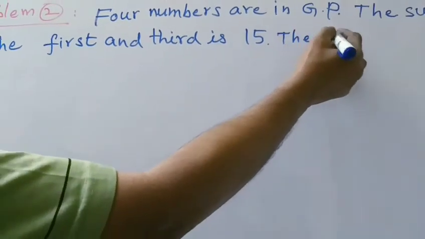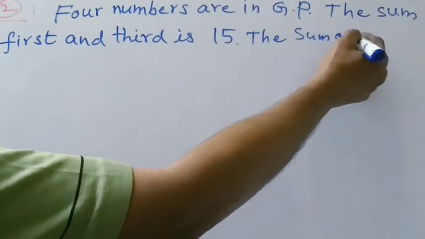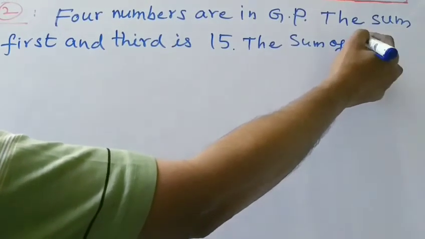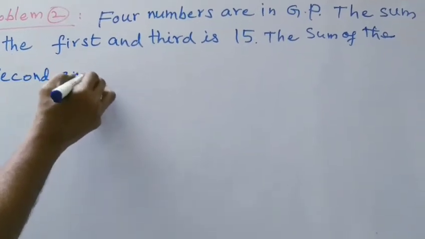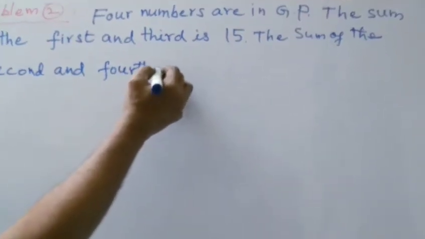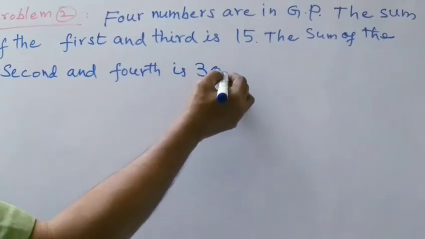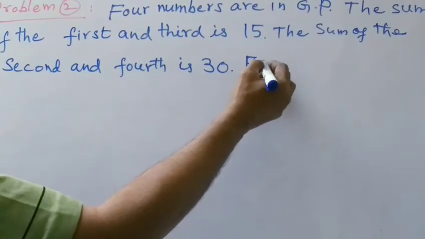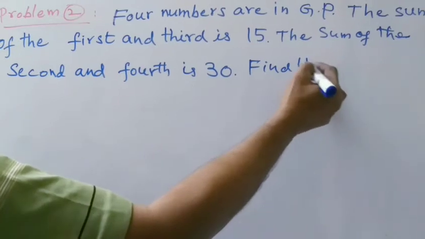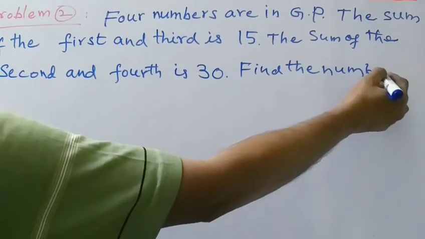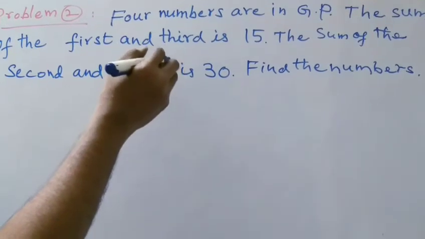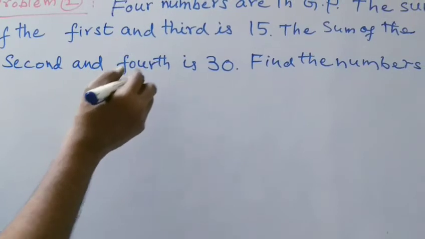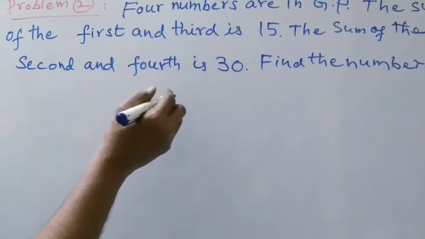The sum of the second and fourth is 30. Find the numbers.